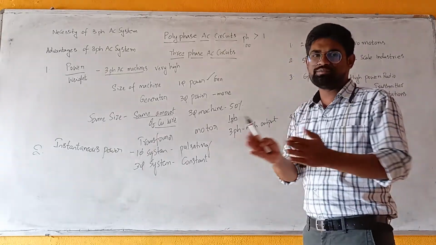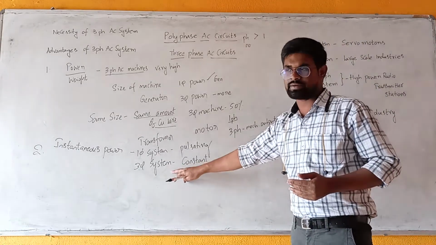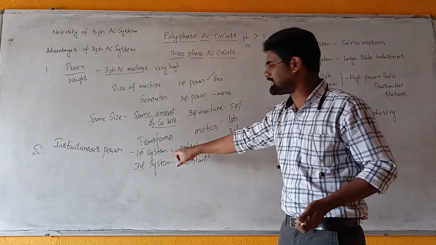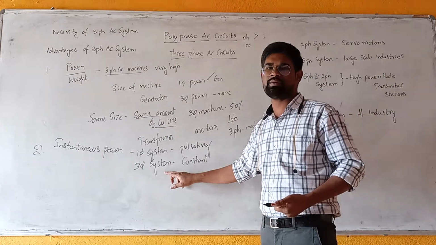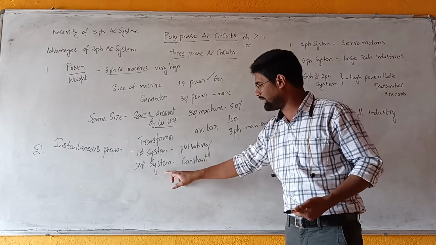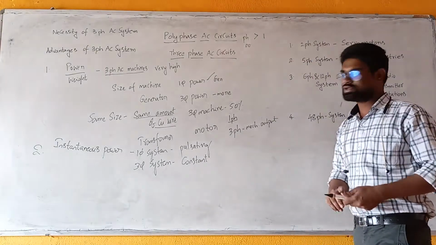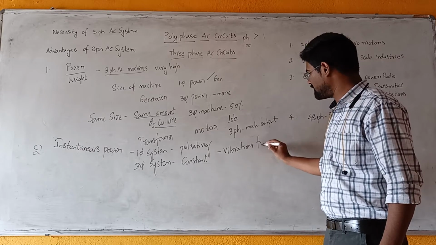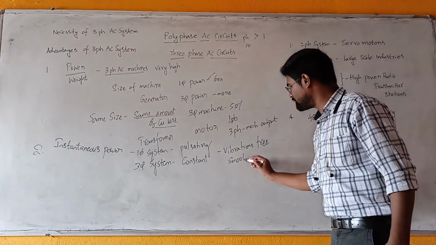Even the power transmission from source to load will be very uniform in a three-phase system, because the instantaneous power in a single-phase system is pulsating, whereas in a three-phase system, even though the three voltages and currents are varying, the net instantaneous power that we get is constant, so the operation of three-phase AC machines is vibration free. Vibrations involved are very less and the operation is very smooth.